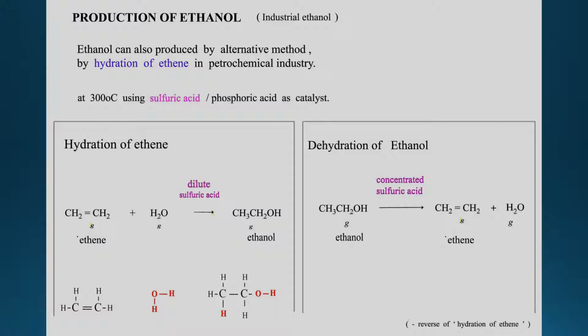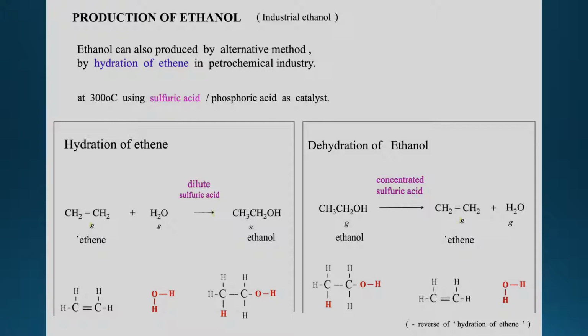All you need to change is the concentration of sulfuric acid. If you put ethanol under a high concentration of sulfuric acid, it will turn back into ethene and water. So the water is removed from the ethanol and it goes back into ethene.